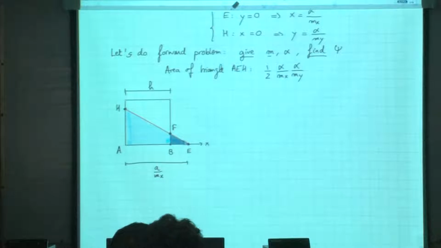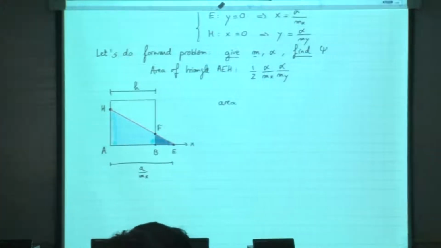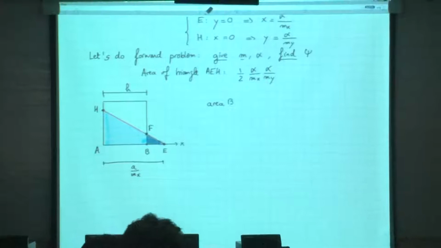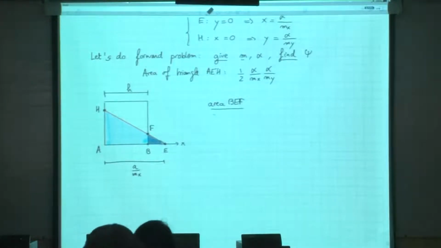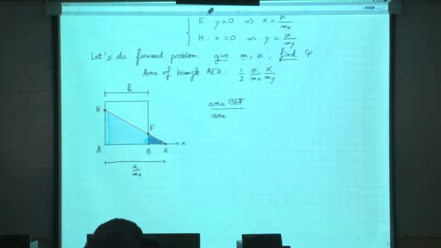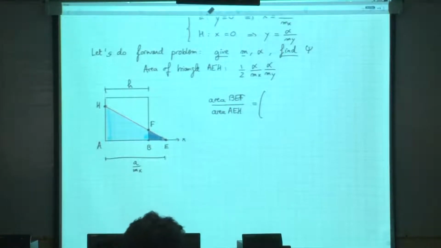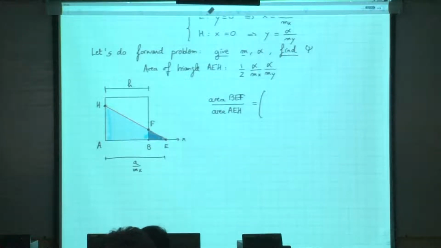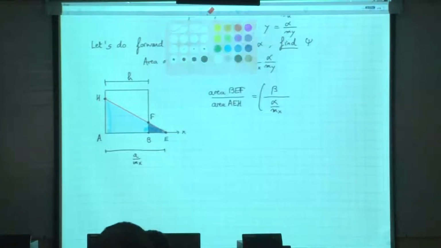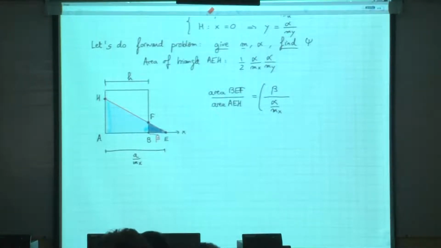But let me first write this correction. So the area of the little triangle BEF over the area of the big triangle AEH is going to be the ratio of, let's call this beta over alpha over m sub x. What is beta? Well, beta is this length here.